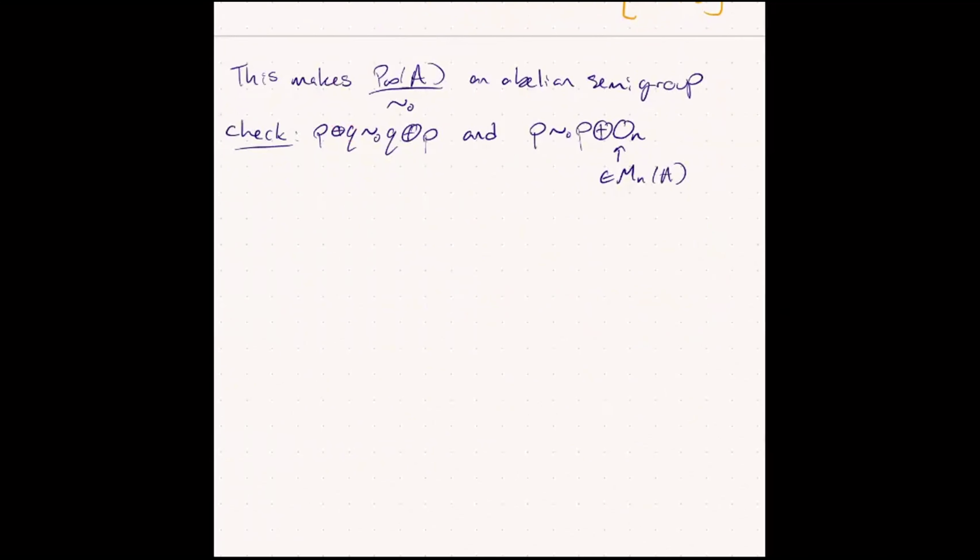And maybe some examples of what this semigroup looks like for different C-star algebras. Say for the complex numbers, remember way back to the theorem that we had that said that projections are determined by their rank.